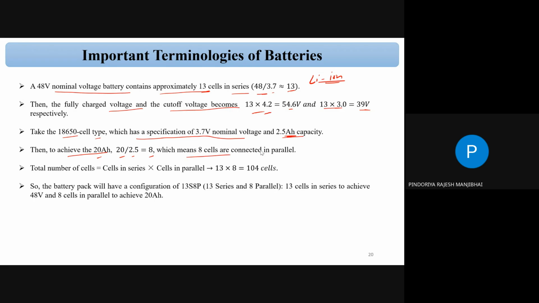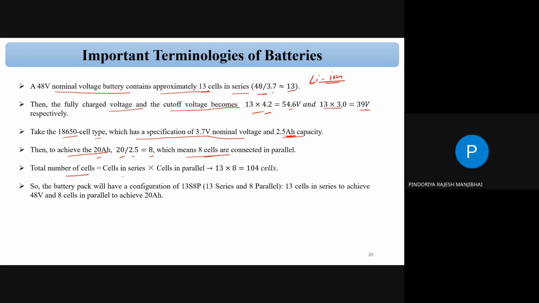So we have to connect in series as well as in parallel. Connecting in series increases the voltage rating, and connecting in parallel increases the current rating. So 8 cells we have to connect in parallel.